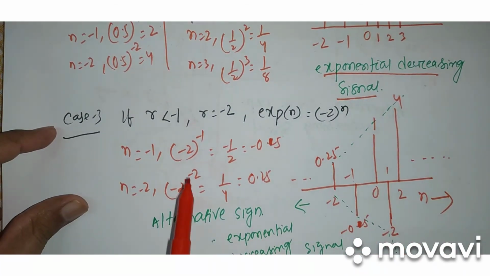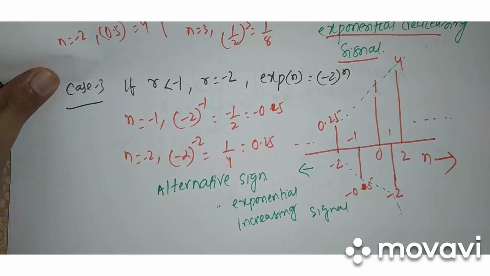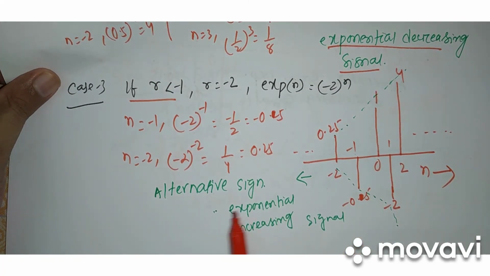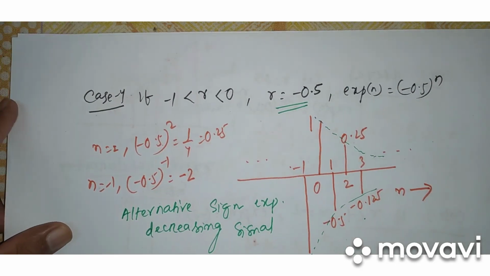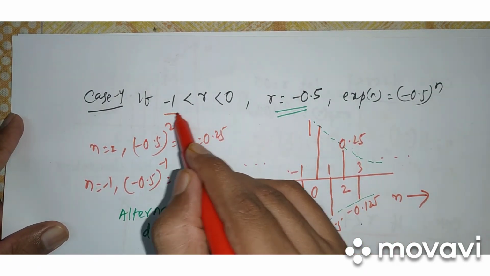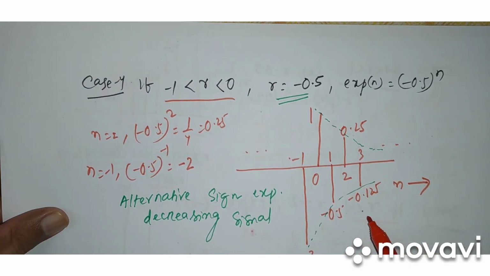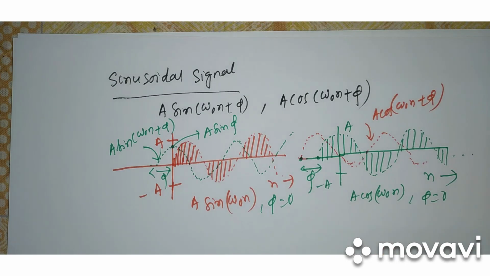Then r is less than minus 1, what we got? An alternate sign exponential increasing signal. And finally, when r lies between minus 1 to 0, it is an alternate sign exponential decreasing signal. So 4 cases we are getting with respect to the value of r.